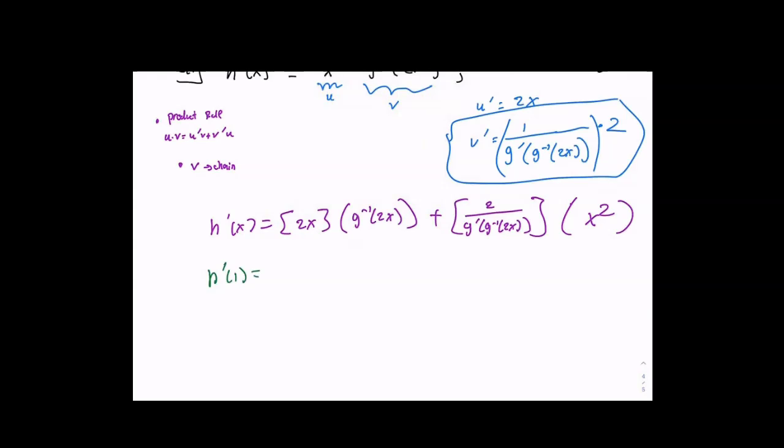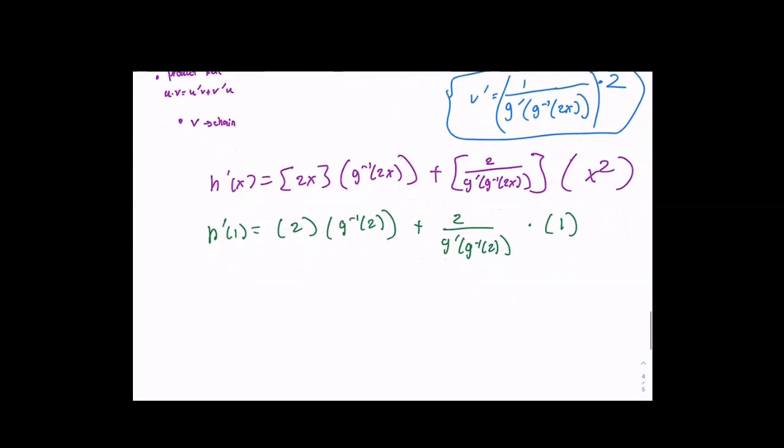H prime of 1 is going to be 2 times 1, which is 2, times inverse g of 2 times 1, plus 2 over g prime of inverse g of 2, times 1 squared, which is 1. I plugged in the 1.